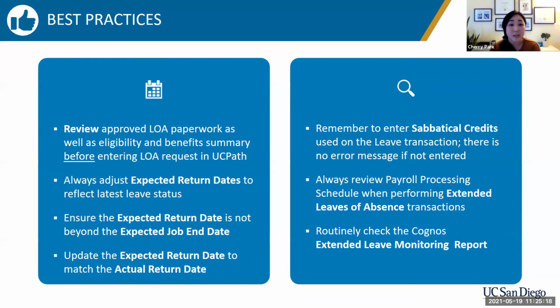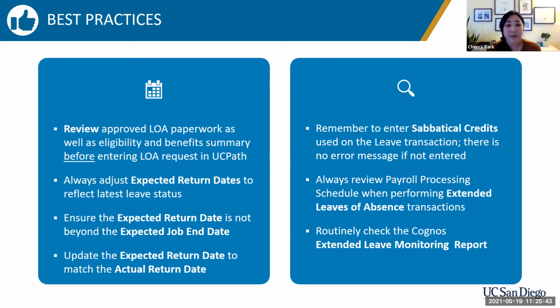Best practices. You'll want to review approved LOA paperwork as well as an eligibility and benefit summary before entering LOA requests in UCPath. Always adjust expected return dates to reflect latest leave status. Ensure the expected return date is not beyond the expected job end date.